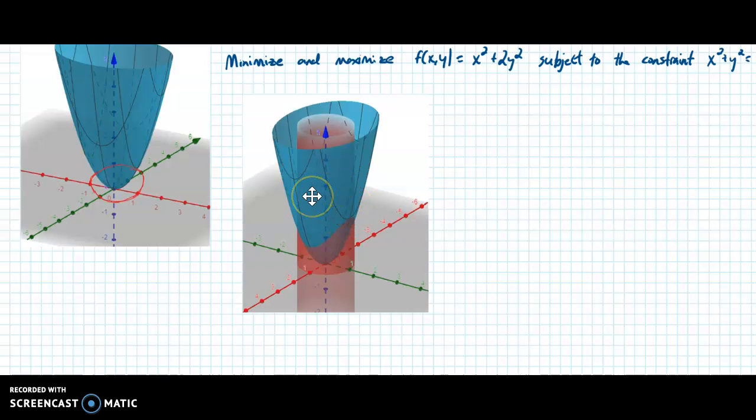And I'm going to show you in the grapher that I used in a moment. But see that right there, that looks like the high point. And then it's going to dip back down in the back, just like it dips down here because of the symmetry of this thing. And that right there looks like the low point. So the spots where this red cylinder hits the blue paraboloid are the spots that I want to inspect.